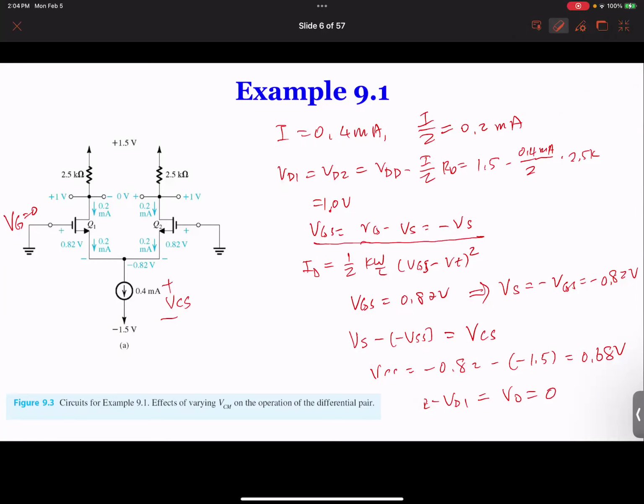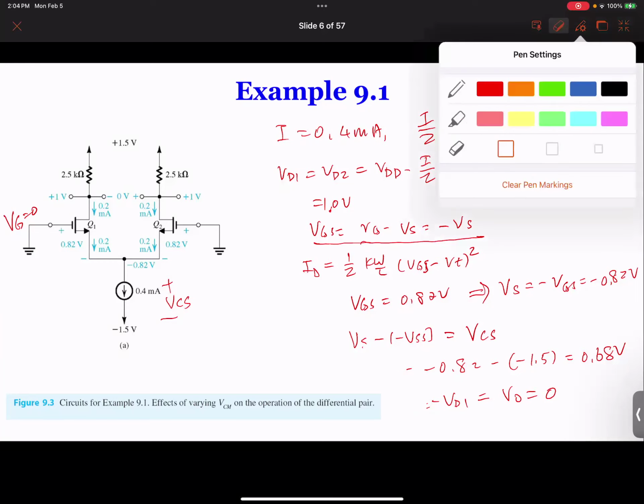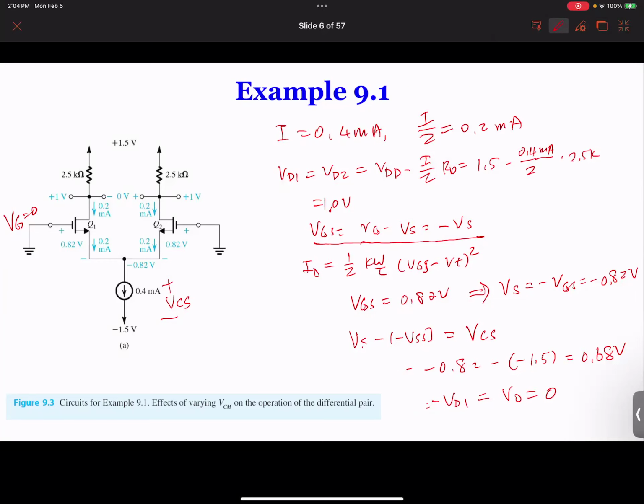So this is VS minus VGS, and this is VCS equal to, and then VD2 minus VD1 equal to VO equal to 0. So we got everything we need on the circuit for the common mode input when the gate voltage is 0.